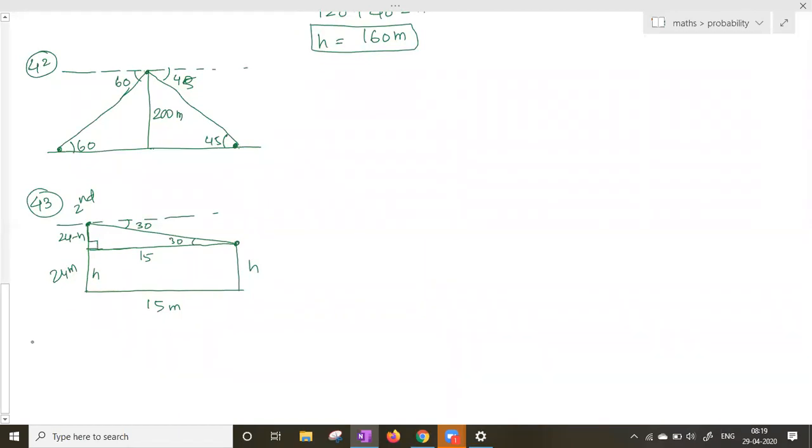After that, Ma'am, 45. Yesterday only we have solved this NCERT 16 question. It is the 45th one. I'm sorry, 46, not 45.